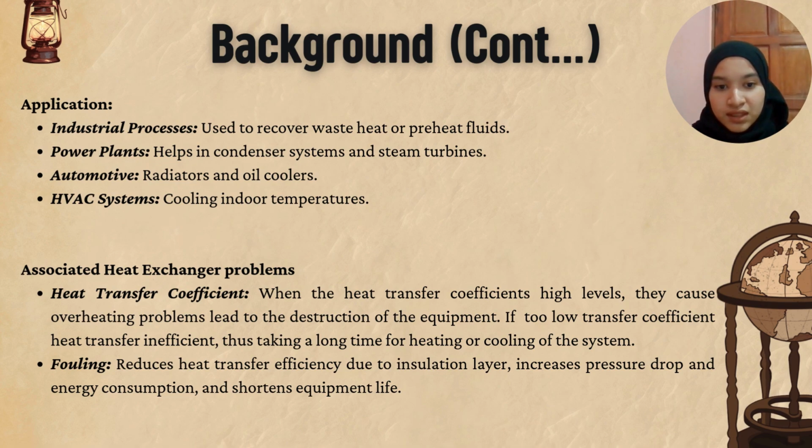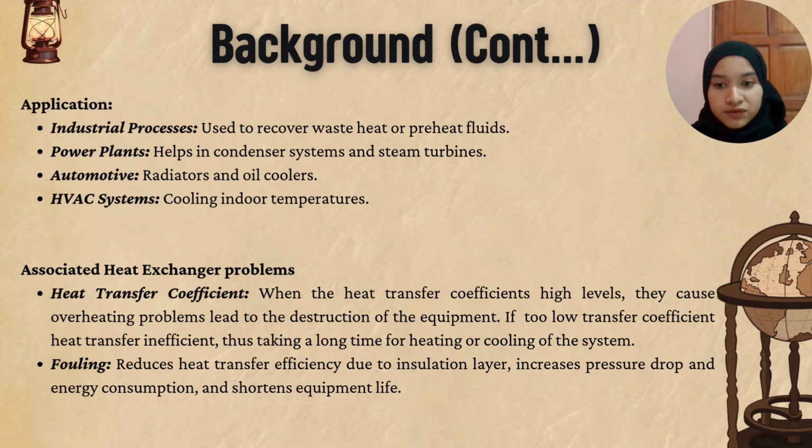Next, the problems that commonly happen in heat exchangers are the heat transfer coefficient being too high or too low, and the fouling problem. A heat transfer coefficient that is too high can lead to distortion. But when the heat transfer coefficient is too low, it can make the device inefficient, taking a long time for the heating or cooling system.